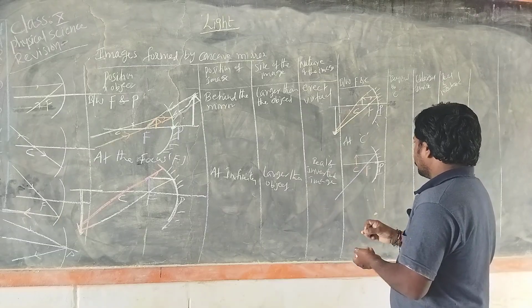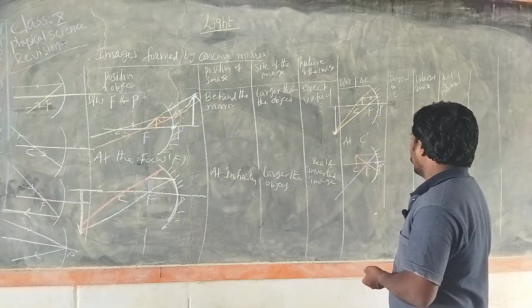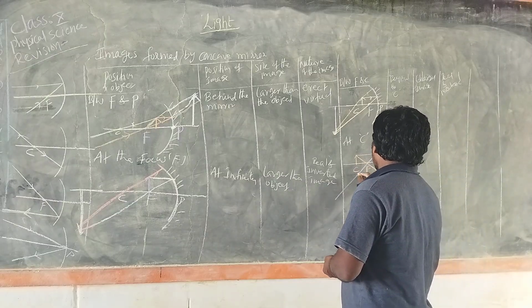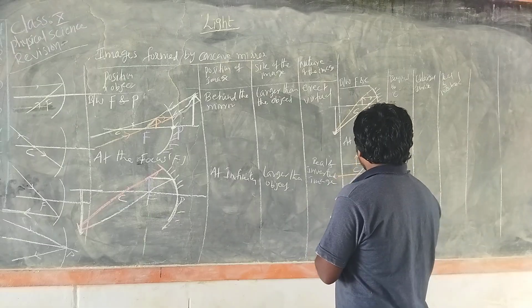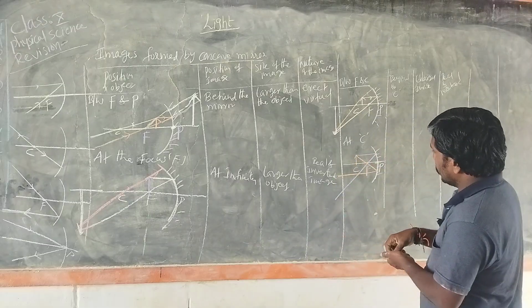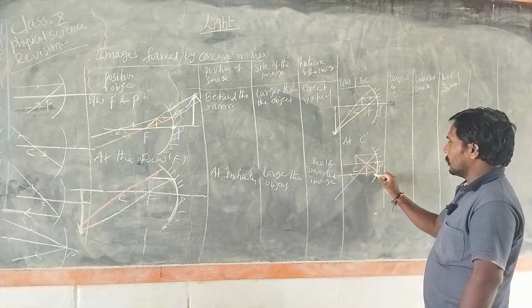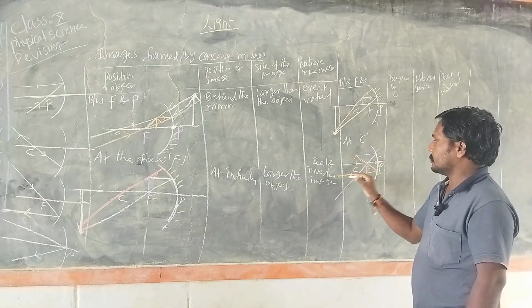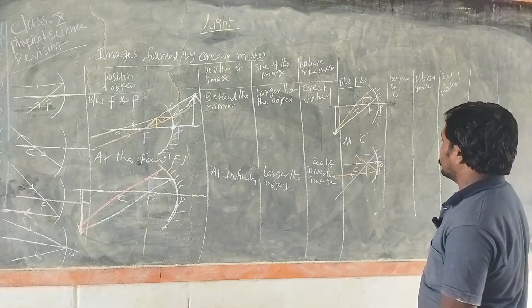The second one through the focus. Then after they meet, what will happen? After reflection, it travels parallel to the principal axis.